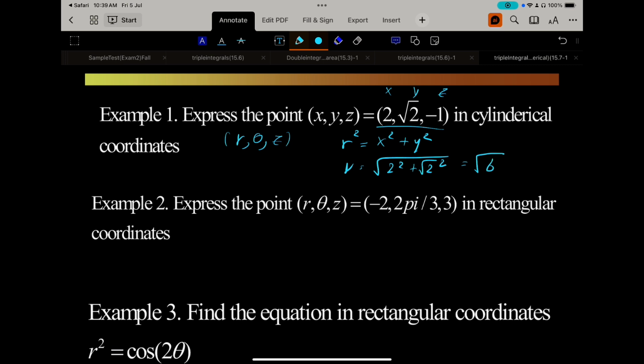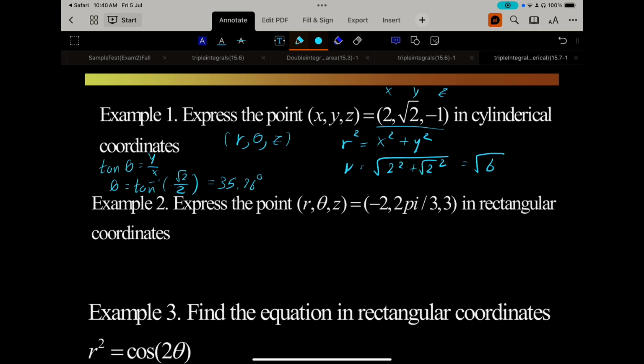Now this is r. And for theta we can use the tan. So tan theta equals y over x, and theta is tan inverse of y over x. Give me a second, let me get out my calculator to find this. So we're gonna evaluate tan inverse of the square root of 2 over 2, which in degrees is gonna give us an angle of 35.26 degrees.